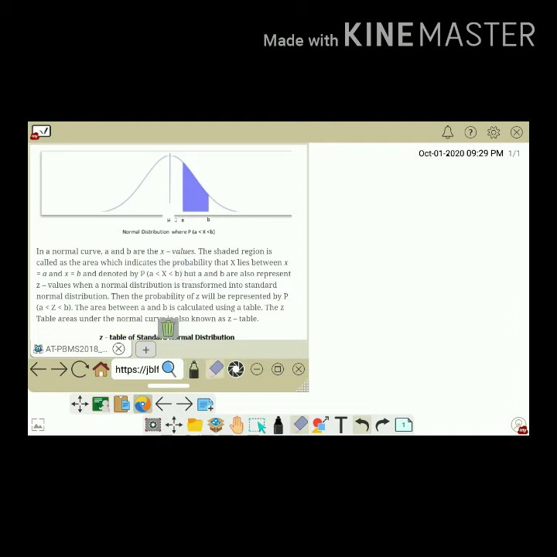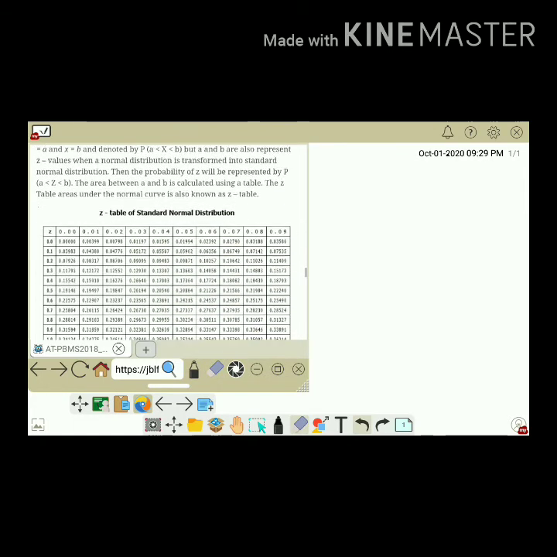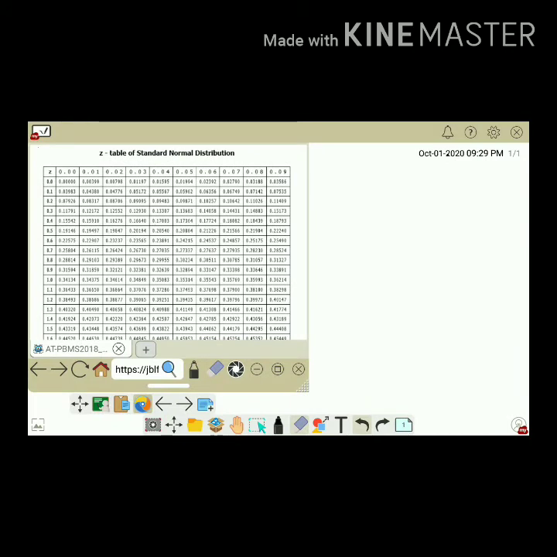So next, for the Z table. Okay, I know this one is new to you. Remember class, this is a reminder: the Z table is composed of two values.